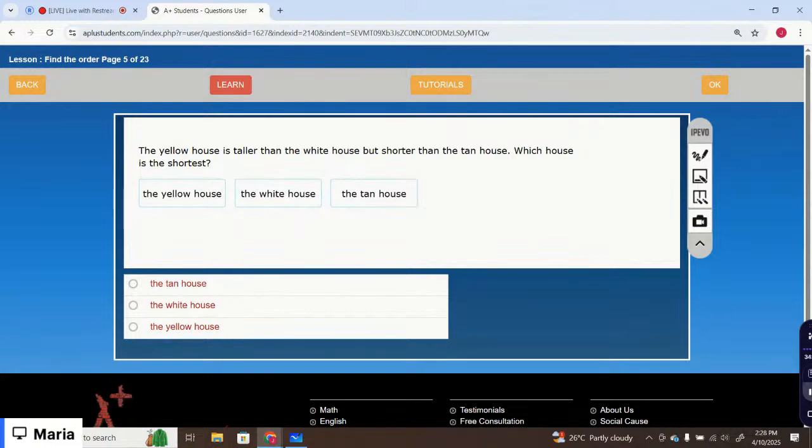The yellow house is taller than the white house, but shorter than the tan house. Which house is the shortest?